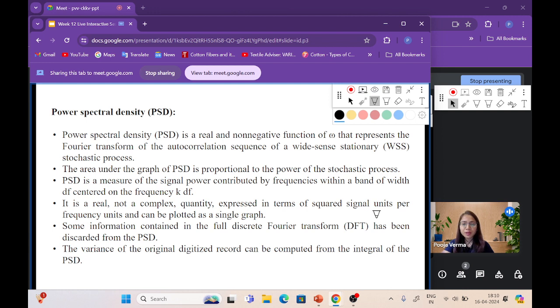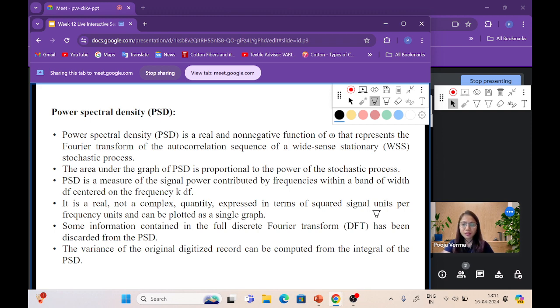So PSD is a measure of signal power contributed by frequencies within a band of width, let's suppose df, centered at the frequency f. It is a real, not a complex quantity, expressed in terms of squared signal unit per frequency unit, and can be plotted as a single graph.